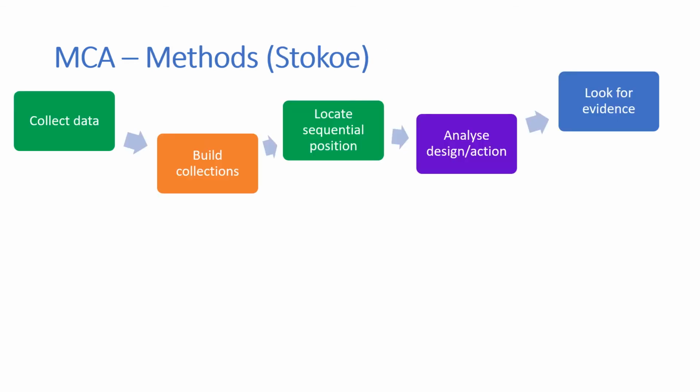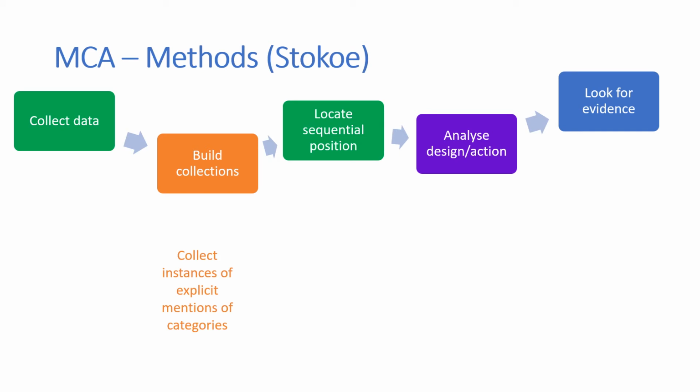Let's look at the steps of doing an MCA research project as listed by Stoko in this week's readings. So the first step is to collect data, and as Stoko elaborates, we can collect various types of interactional data, whether it's from domestic or everyday settings or institutional settings such as police interviews. And the data can also include textual data.